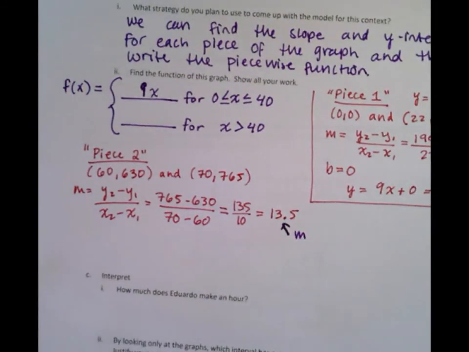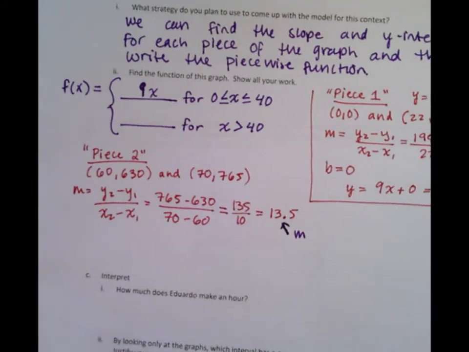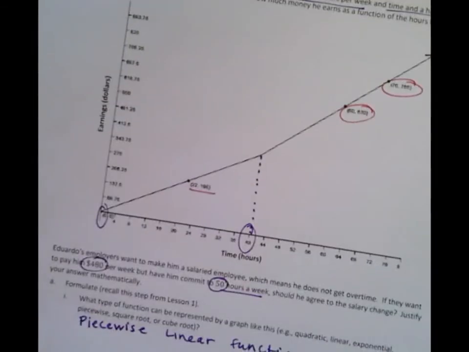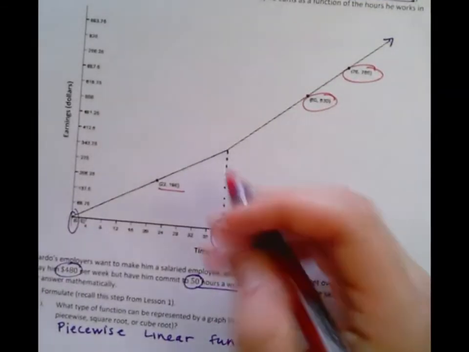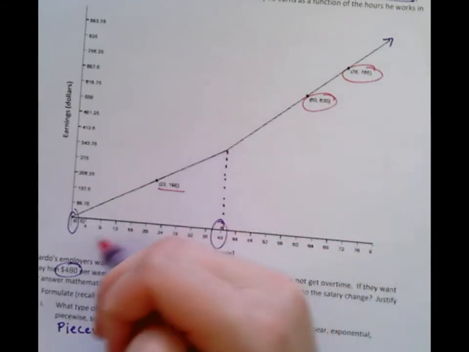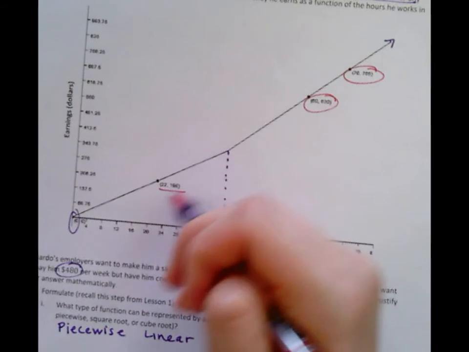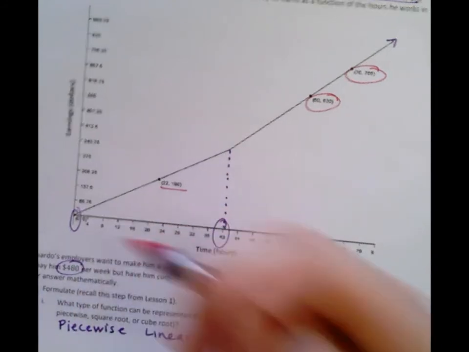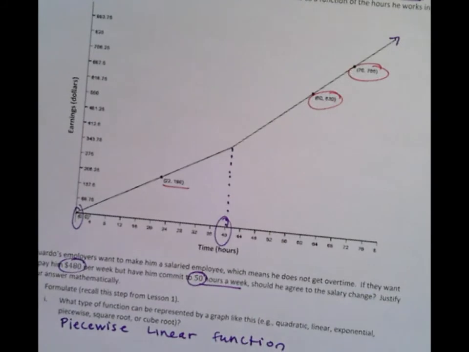But to find the b value, the y-intercept, it's going to be a little bit different and more challenging, because if you look on the graph, we can't really tell where the y-intercept would be for this line. We can see that if we extend this line out, it's going to be something negative, but we can't quite tell exactly what that is. So I'm going to give you another strategy for finding b.